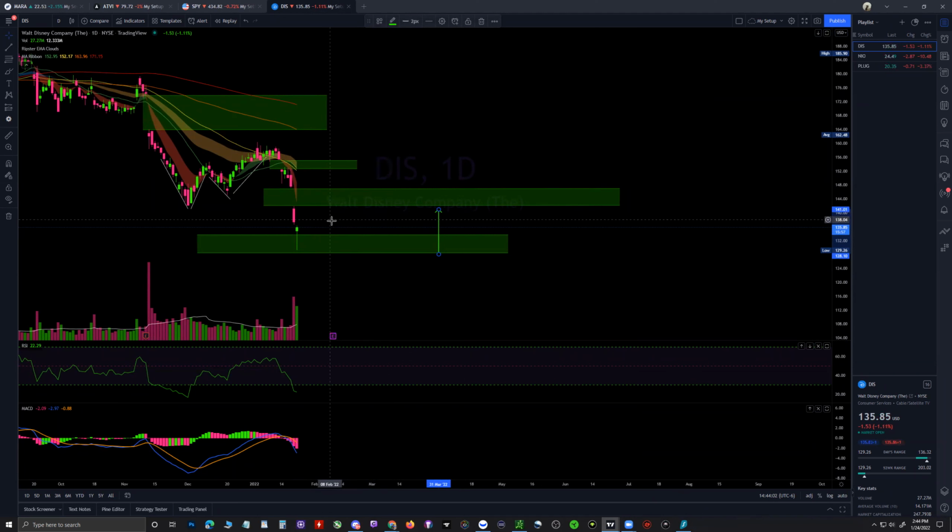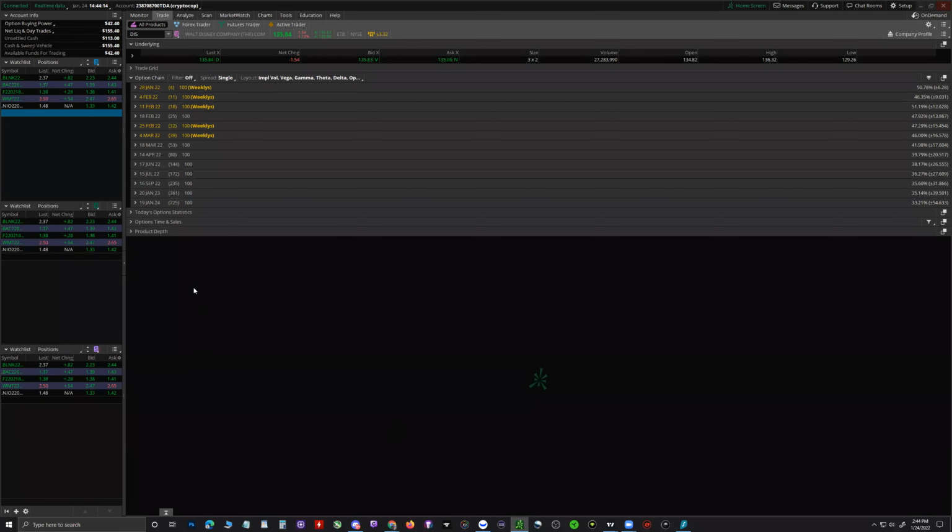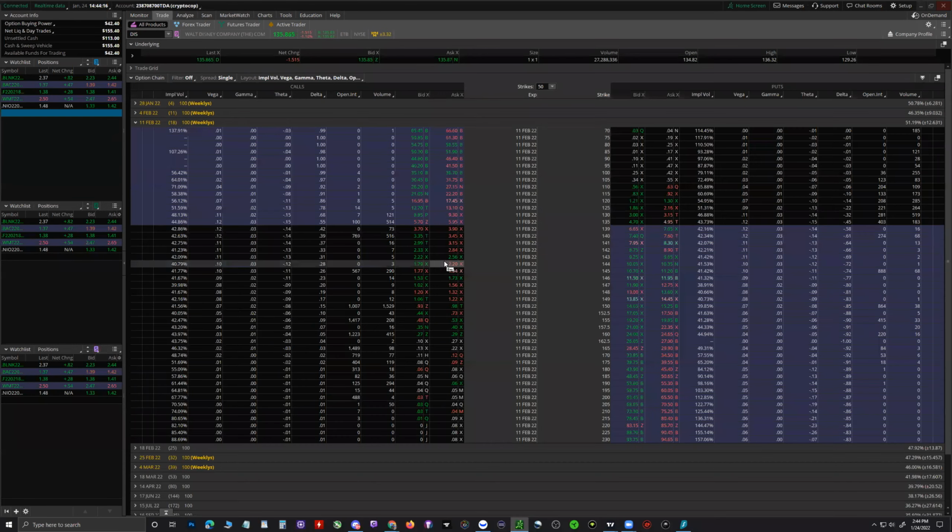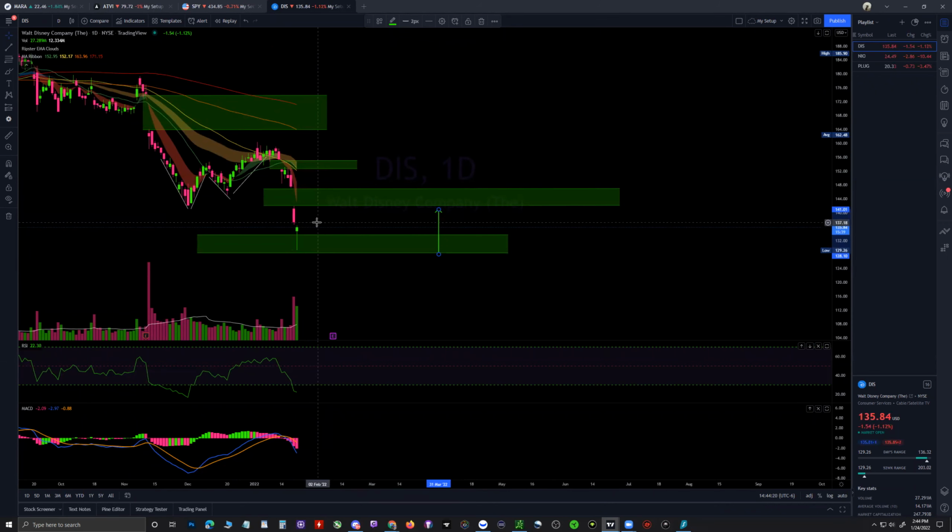We want to go out past earnings. And with earnings coming up February 9th, now it's not that close, I guess. We still got time. So we want to go out a little bit past earnings. So we'll say February 11th. And we could even say the beginning of this gap, a 141.